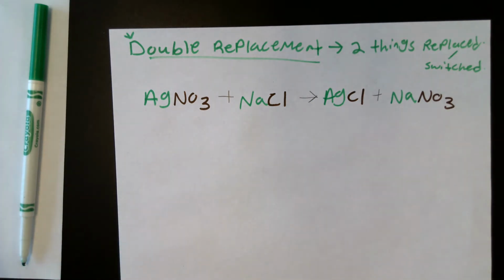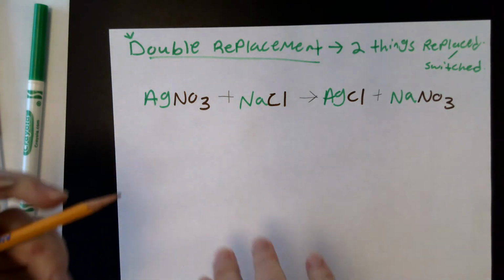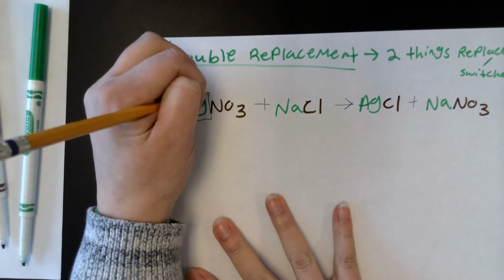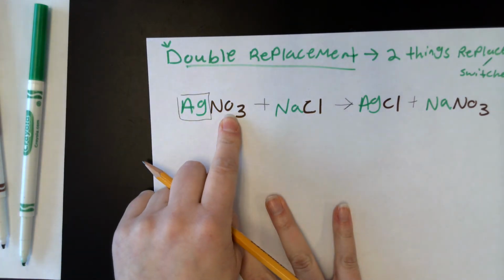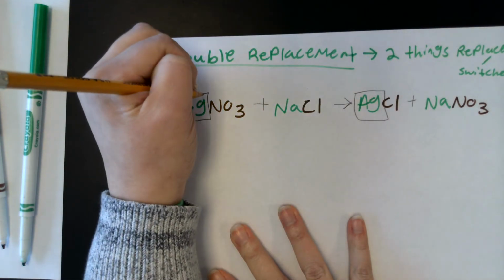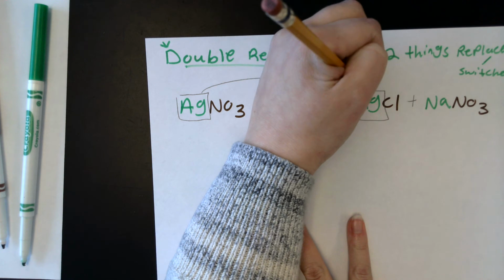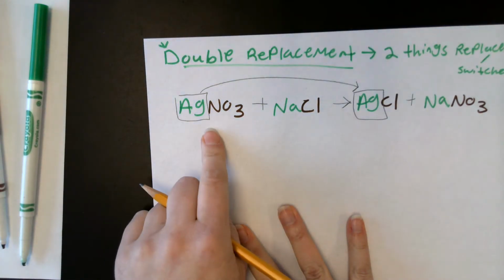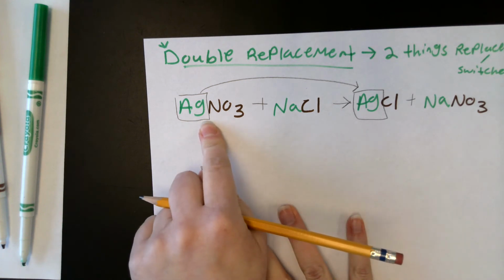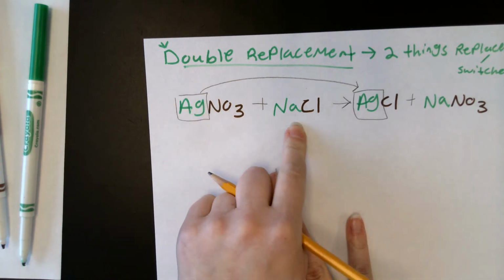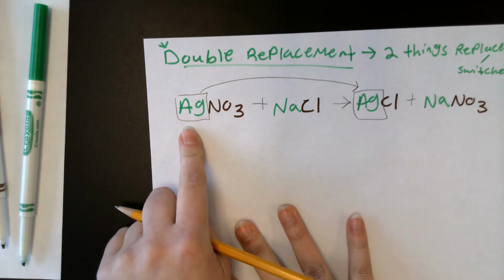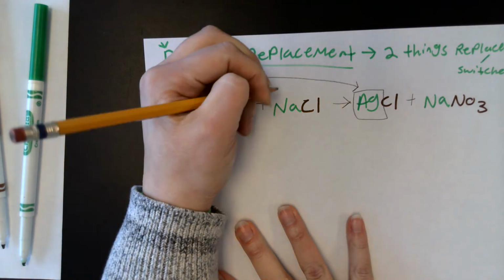Okay, and notice in this one, our partner for silver here was nitrate before, but now it's chlorine. So basically silver is with sodium's partner, and sodium is with silver's partner.